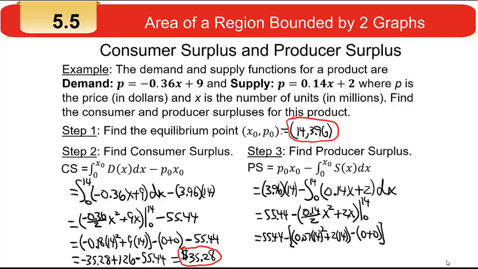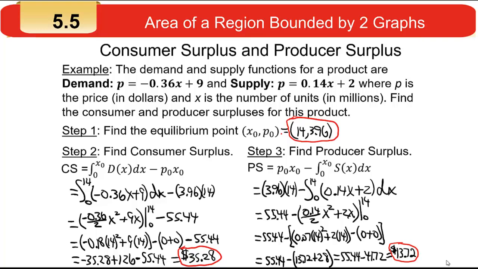When you plug 14 in, it goes in place of x, but when you plug 0 in, the whole part goes away because 0 squared is 0 times that number is 0, and 2 times 0 is 0. So that comes out really nicely, and that gives you 13.72 plus 28 to the right of the minus sign. And if you finish the arithmetic, you'll get $13.72.